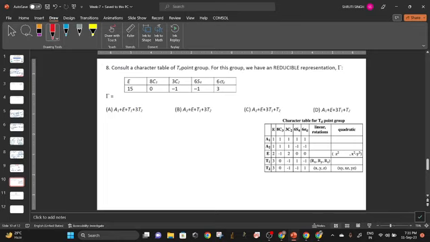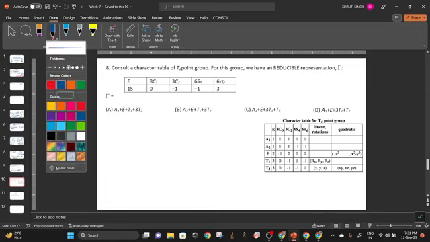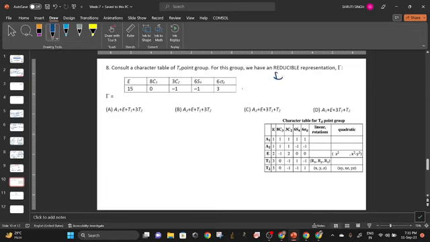This is a favorite question of CSIR and GATE exams; it comes so much in those exams. Here I have attached the character table.